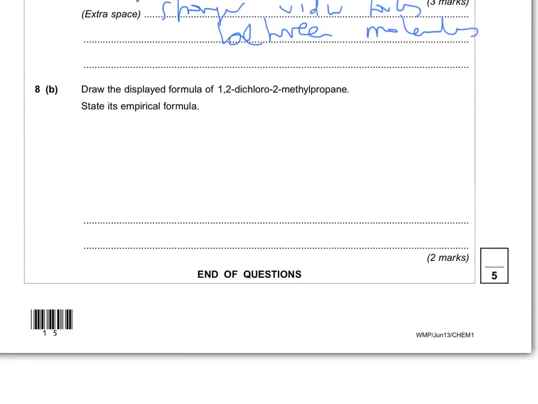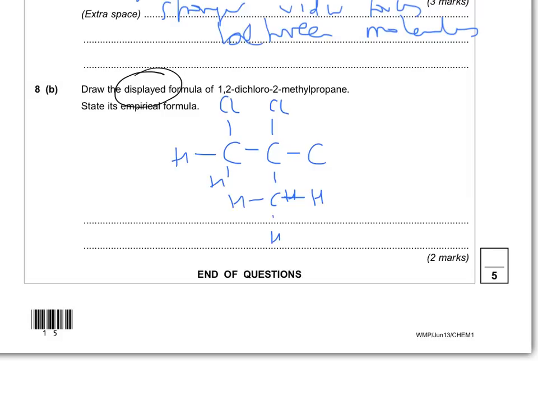Then draw the displayed formula of 1,2-dichloro-2-methylpropane. So start with the longest chain, that's propane. Then add the other things. So 1,2-dichloro, so they're going to be there and there. 2-methyl. But remember, displayed means you need to draw all the bonds. I almost didn't there. So you have H, H, H, H, H. All the bonds.